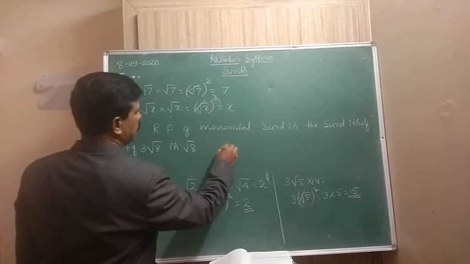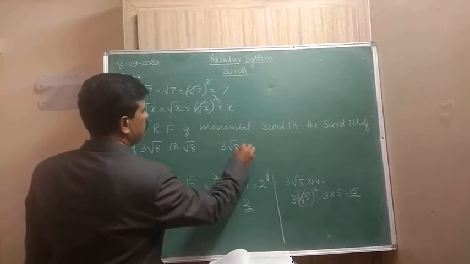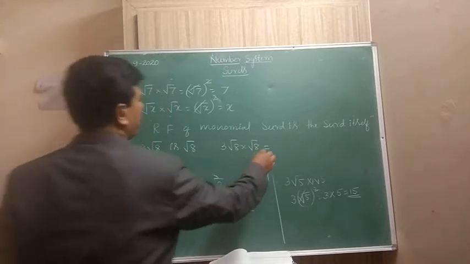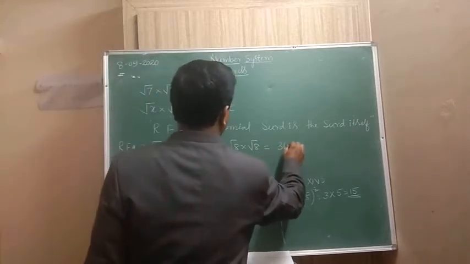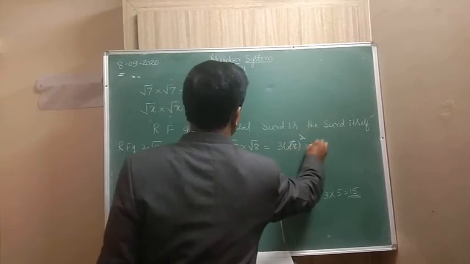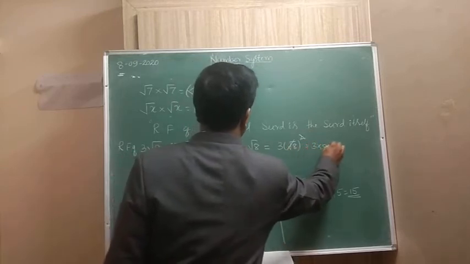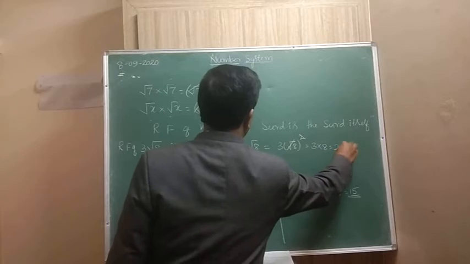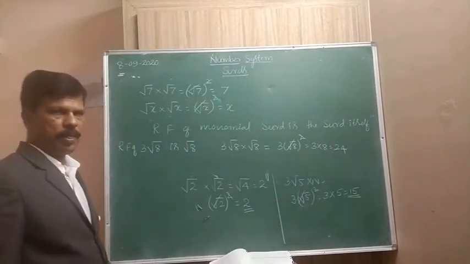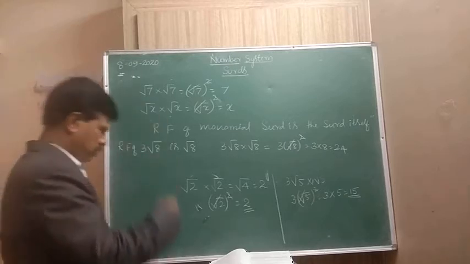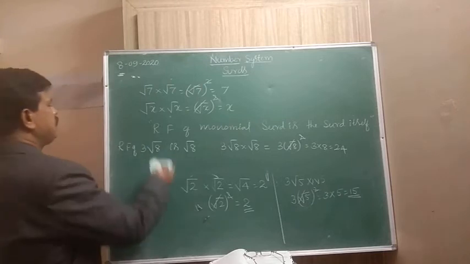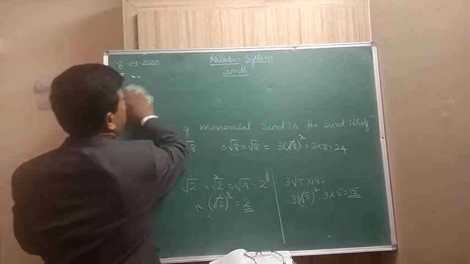So how is it? 3 root 8 into root 8 is equal to 3 into root 8 whole square. The square gets cancelled. 3 into 8 is 24. So it is a rational number.